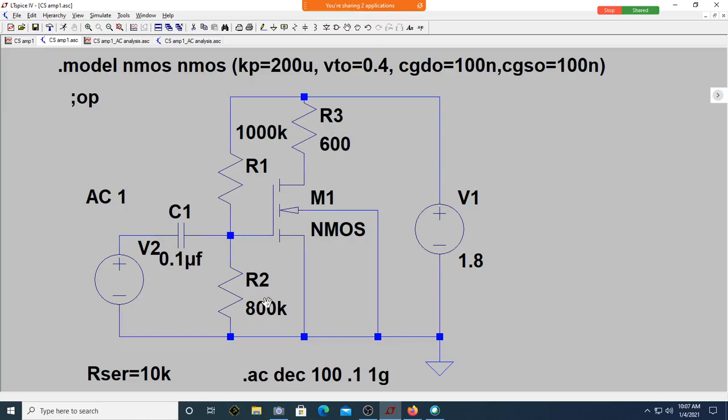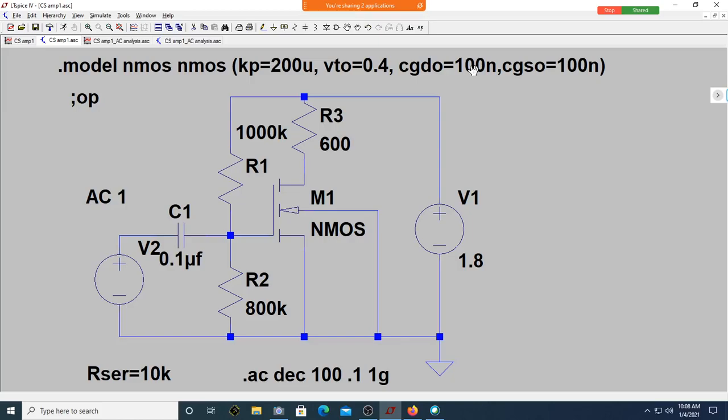Okay, can somebody tell me what is the CGDO value and CGSO value? Because CGDO is nothing but it is in terms of farad. So how do we find out in terms of farad? Whatever value that is given is farad per meter. So this would be CGDO farad per meter multiplied by the width of the transistor.